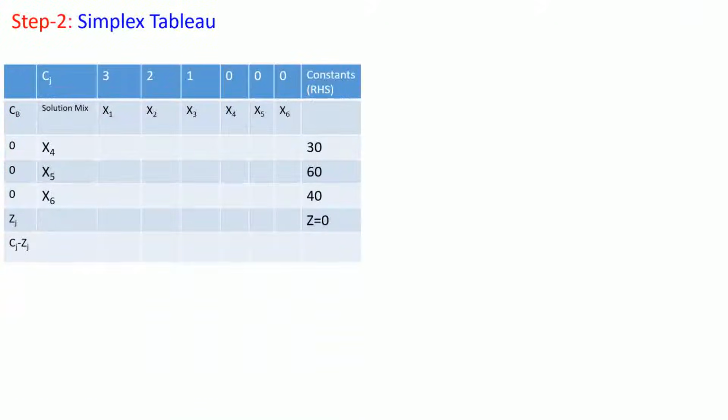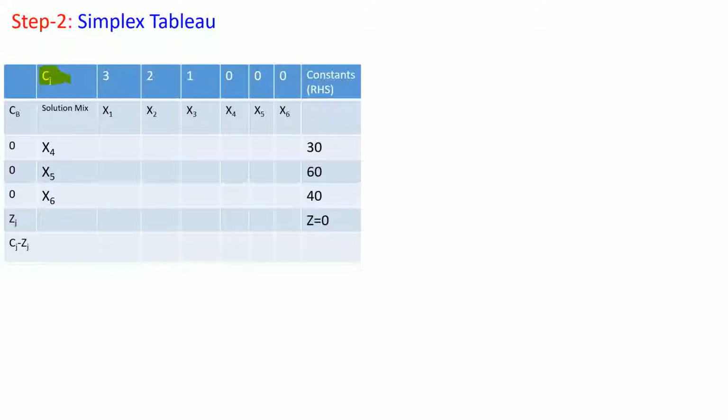So here our simplex tableau looks like this. As you see, this is our simplex tableau, and Cj is, by the way, the coefficient of the objective variables, that is 3, 2, 1, 0, 0, 0, and these are the solution mix, that is x4, x5, x6, or we can say these are the basic variables.